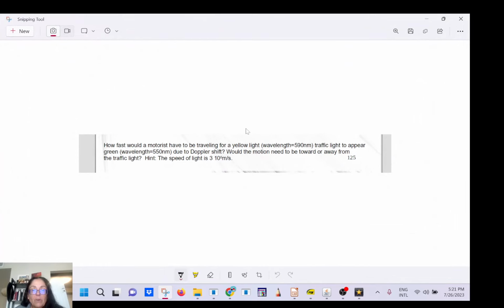So, for example, here's another example. Of course, you have to go really, really fast to go toward the yellow light and to see green light. You can explain to the police officer that because of the Doppler effect of light, you are not guilty of running the red light, because if you are going really fast, yellow will appear green. I don't know if that can work as an argument, but you can do the computation, and I got 0.068 v over c.